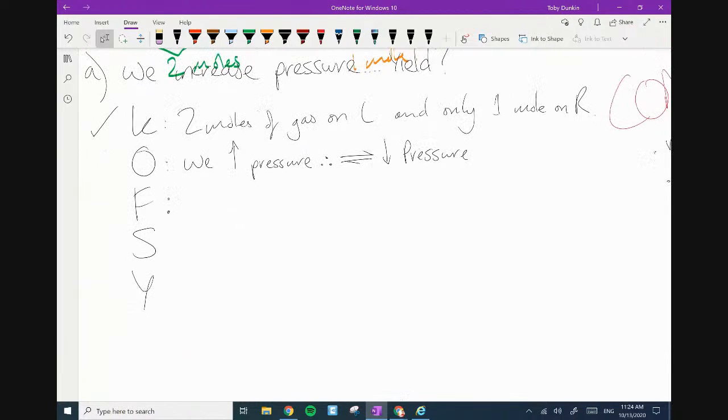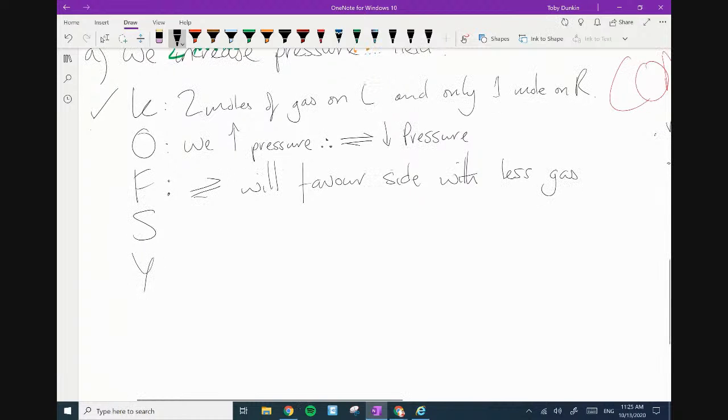So favor to lower the pressure, you need to put it in proper sentences, of course. Equilibrium will favor the side with less gas, or fewer moles of gas, if you like. I don't really care. Next, shift.